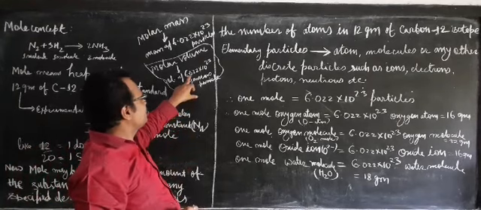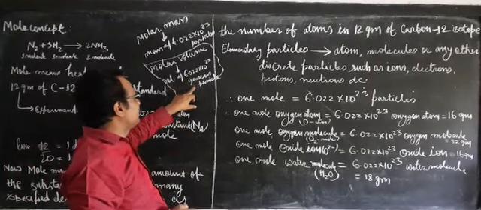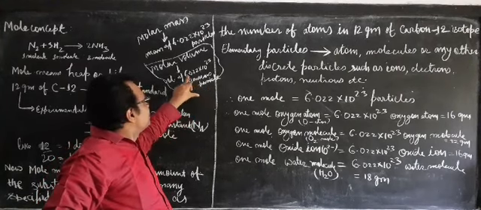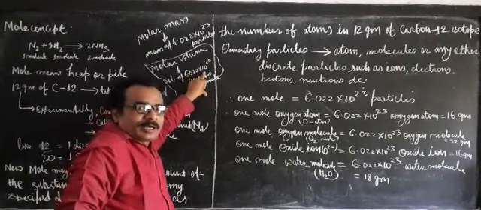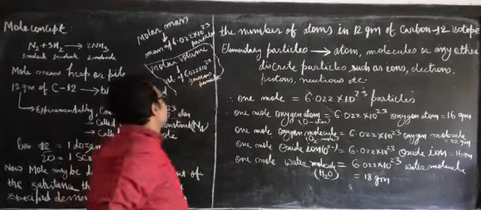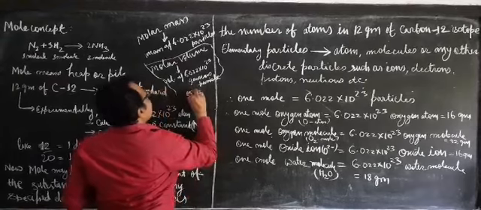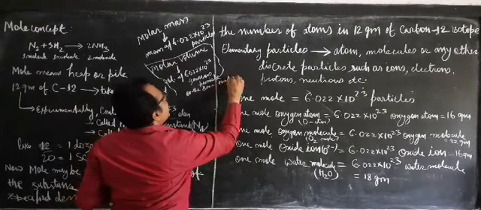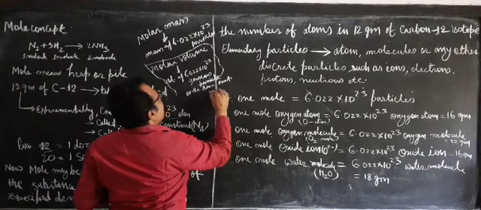If you have taken 6.022 into 10 to the power 23 gaseous particles, and gases always exist as molecules, so if you have taken this many gaseous molecules of any gas at the same temperature and pressure.